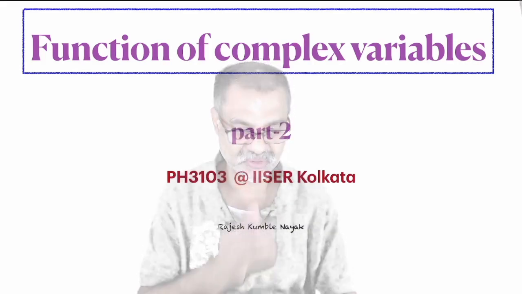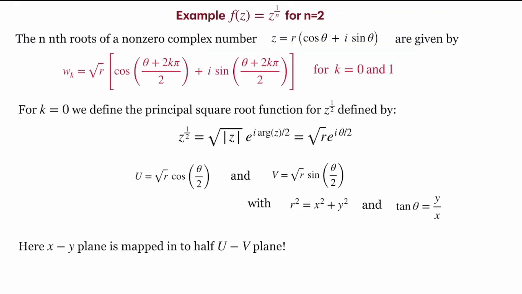Let's continue with the example, f(z) = z^n for n = 2. We have seen the nth root of a complex number z = r(cos theta + i sin theta) can be given as this.